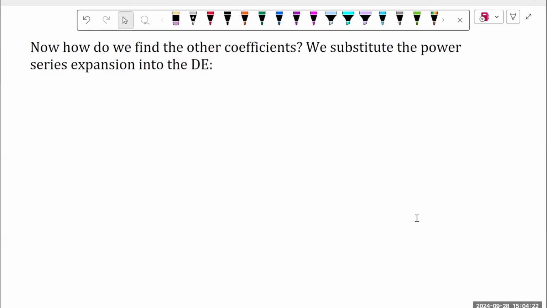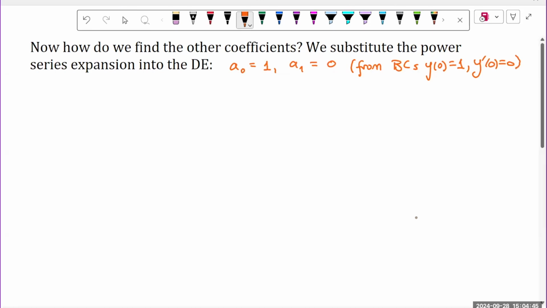We've already found the first two coefficients, a0 and a1, from the boundary conditions. And in order to find the remainder of the coefficients a sub n, we simply plug into the differential equation and solve. The process goes something like this. Our differential equation is y double prime minus x times y equals 0.